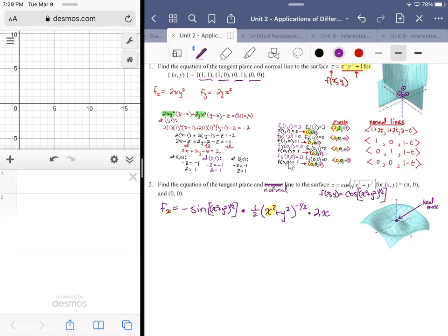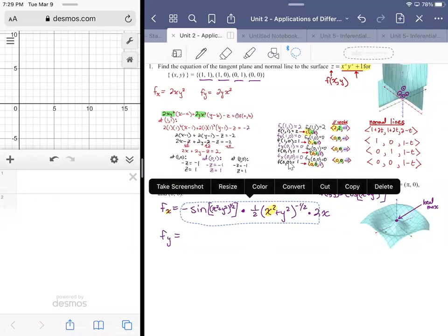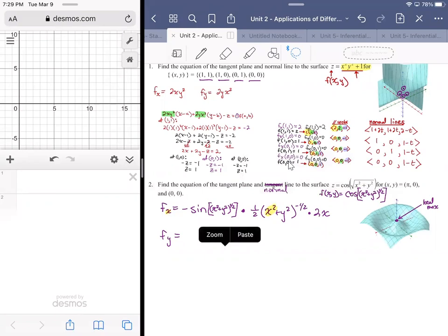When I look for my first order partial with respect to y, it's all this same stuff, except the derivative of the inner function is going to be 2y rather than 2x.